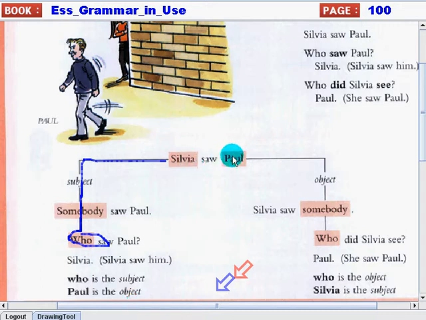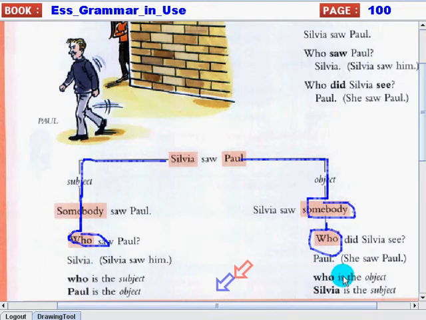Or it was he that Sylvia saw. Alright? But in this pattern, in this part, our object is Paul. Okay? And who here is our object? Who did Sylvia see? It was Paul.